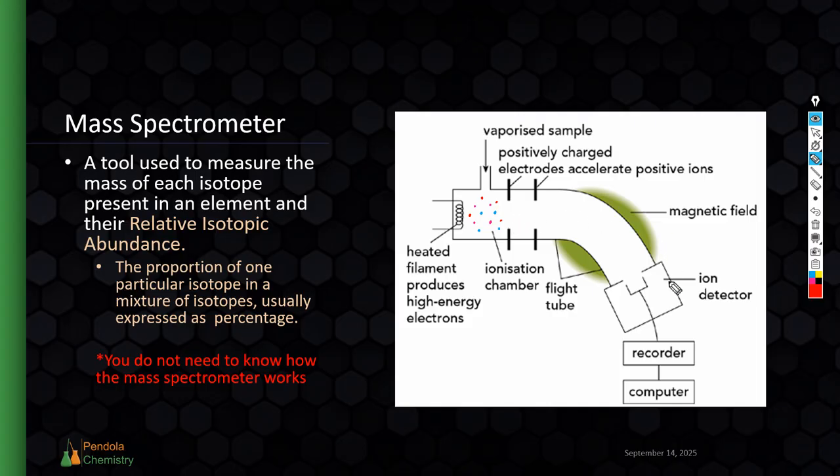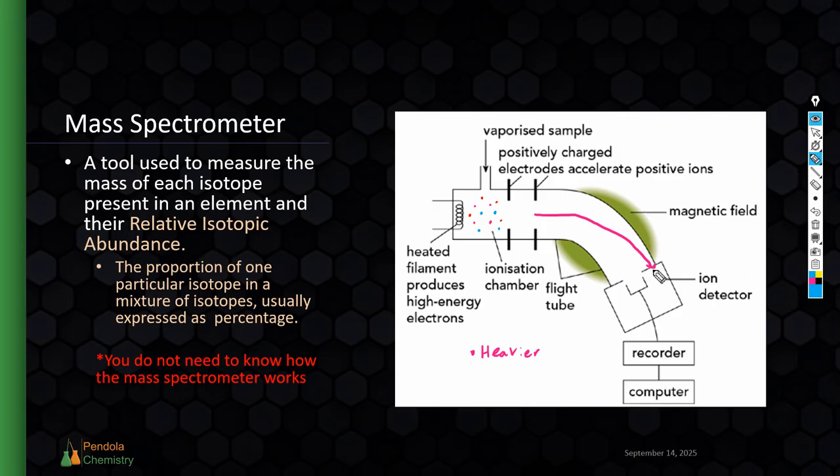It's going to speed them up through this machine, and a magnetic field makes them turn. Well, the isotopes with a heavier mass, when they go through this machine, will turn a lot more slowly. So in pink, we have heavier isotopes, ones with larger masses.